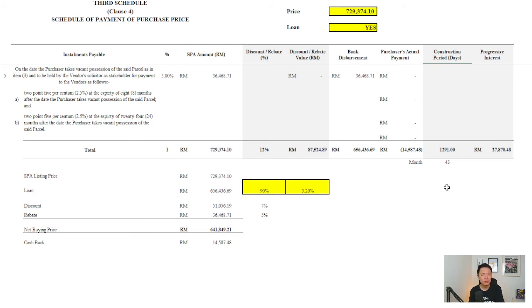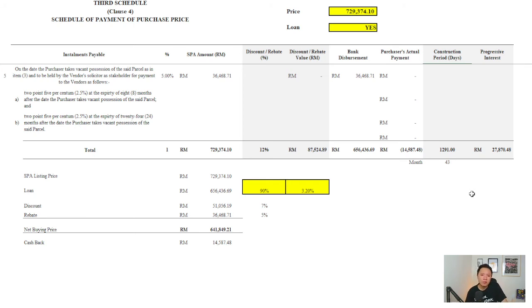27,000 is quite a lot in my opinion. So that is the reason why I don't prefer to buy under construction property, because I don't think it's a necessary cost when it comes to investing in property unless the property is cheap. I would rather buy from the developer upon completion, if they have leftover units, I'll just buy from them. Then I don't think the price will be a lot higher than previous.